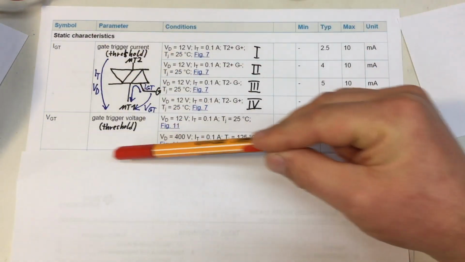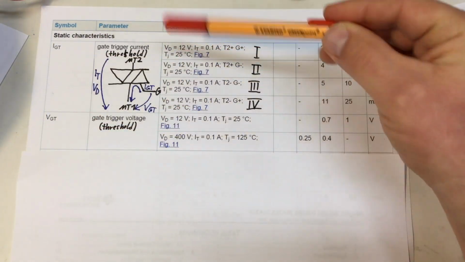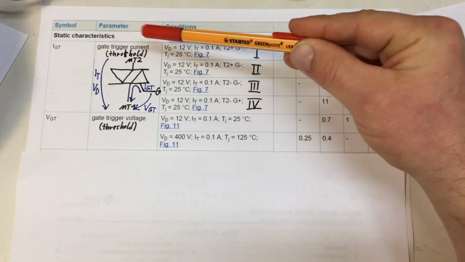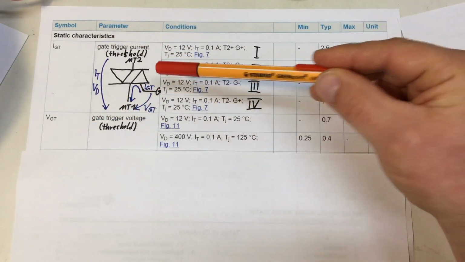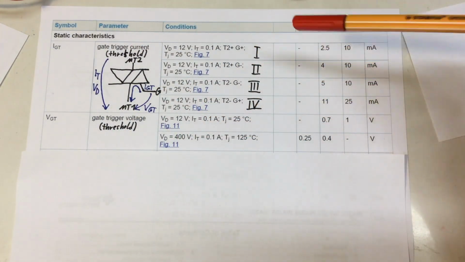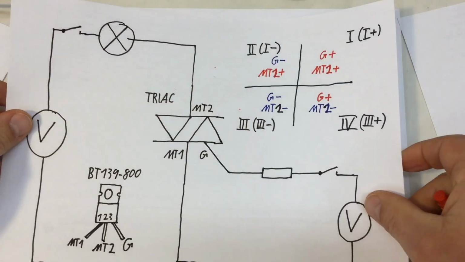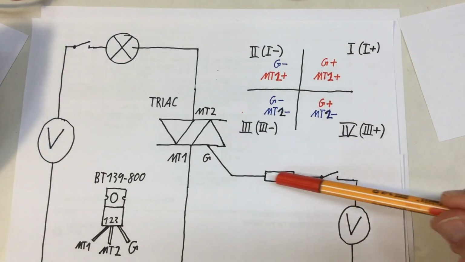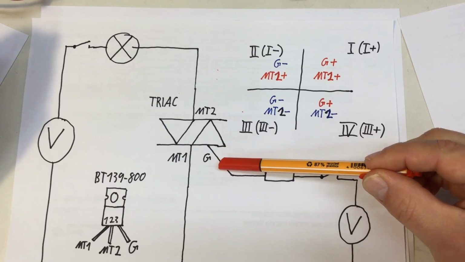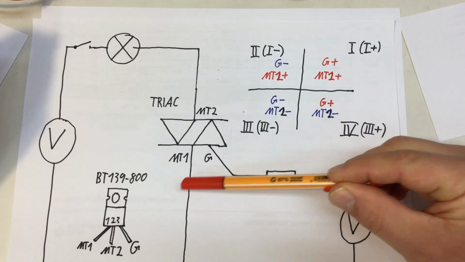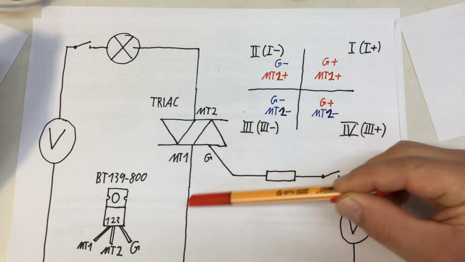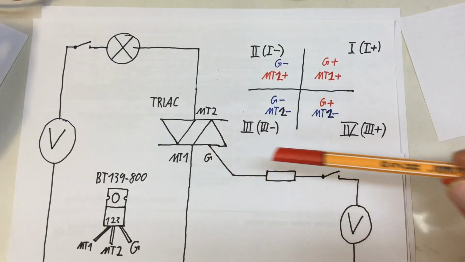And the first 2 parameters here are the gate trigger current or threshold current and the gate trigger voltage. If you look at our little circuit, of course there's a voltage drop between the gate and the main terminal 1 when we try to put some current in here. That's the gate trigger voltage.